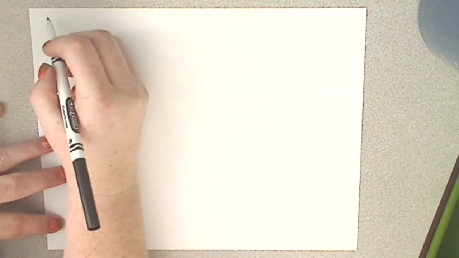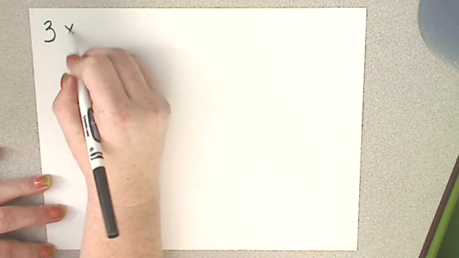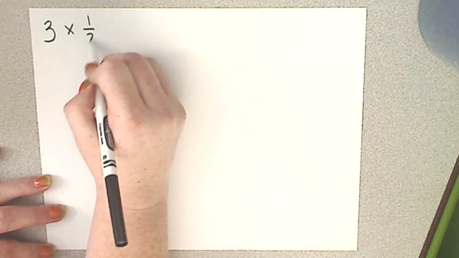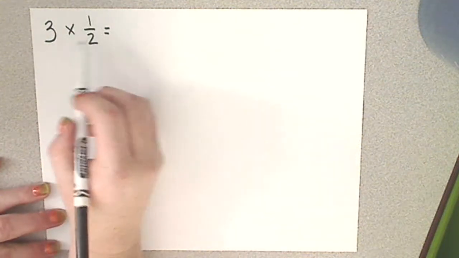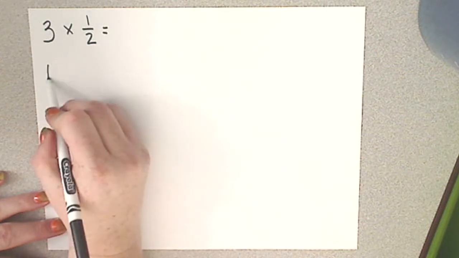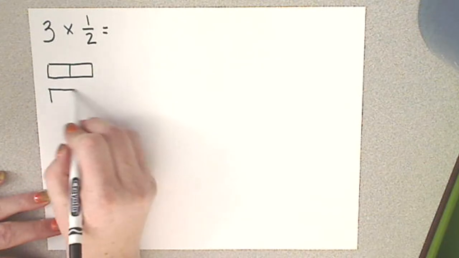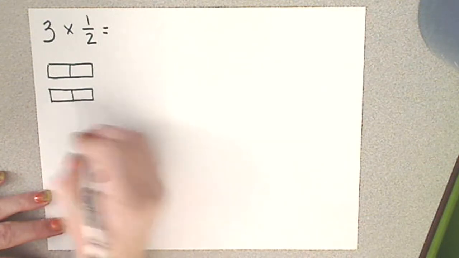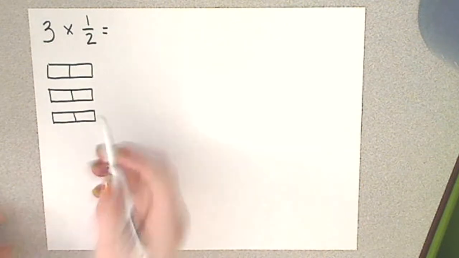The first problem we're going to look at this afternoon is 3 times 1/2. So the first thing I need to do is draw 1/2 3 times. There's 1 fraction bar, 2 fraction bars, 3 fraction bars.